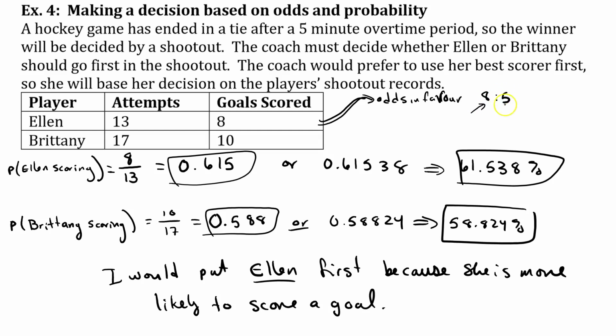This is how many attempts she missed. 8 plus 5 is your full 13 attempts. However, I feel like looking at the probability for this specific example, it's more helpful to look at the probability than the odds, because we can actually look and compare.